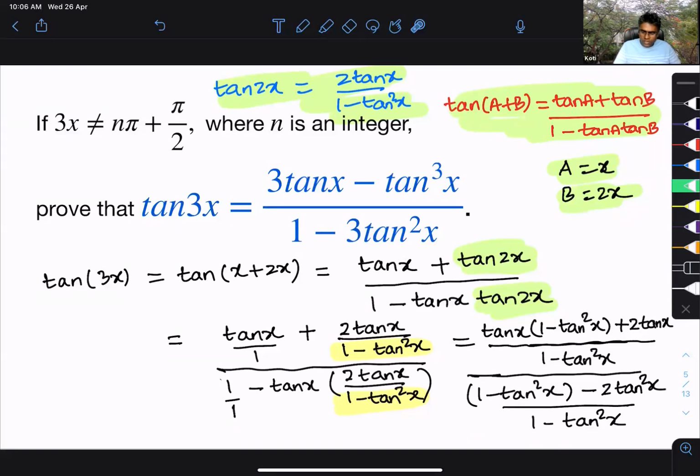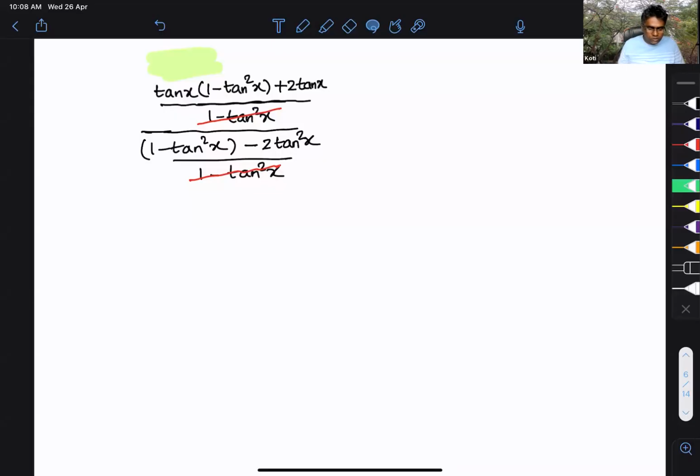Then can you see here that we can forget about this 1 minus tan square x, right? Yeah, we can. Then you just collect the terms. After ignoring those 1 minus tan square x, let's open up.